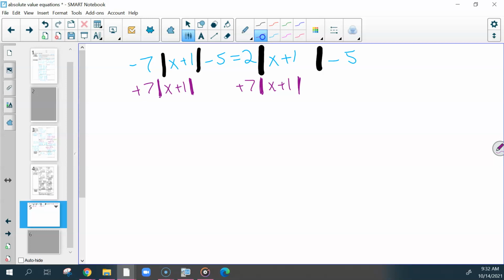And then I'm going to rewrite it. So this negative 5 comes down. This was already here, and then I put the other one next to it.